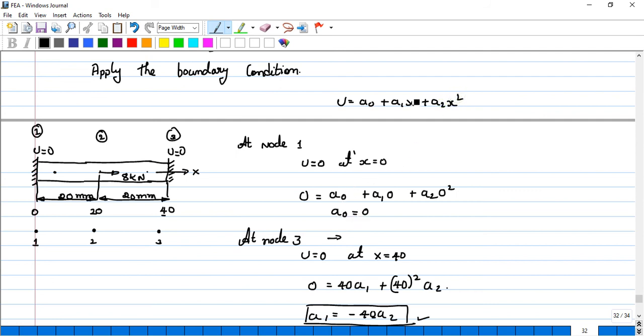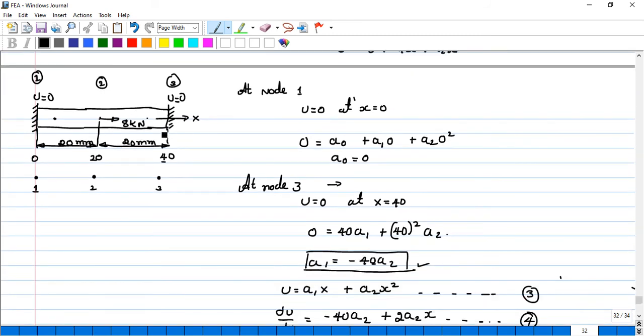Next I am shifting to node number 3, where we know that displacement is 0. U will be 0 at x is equal to 40. When I substitute that, I am able to identify a1 is equal to minus 40 a2, and the equation was u is equal to a1x plus a2x square.